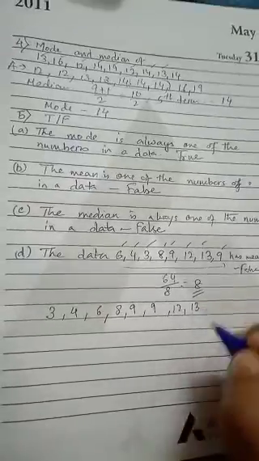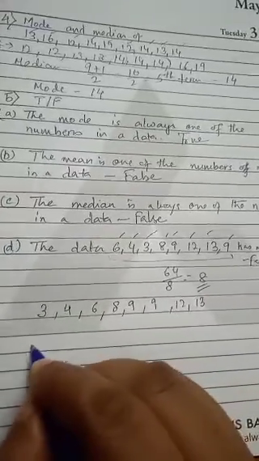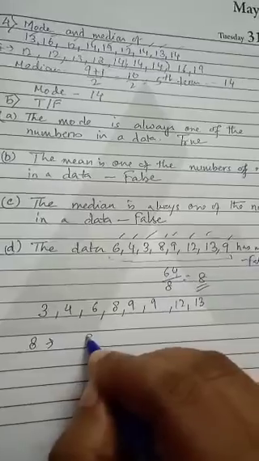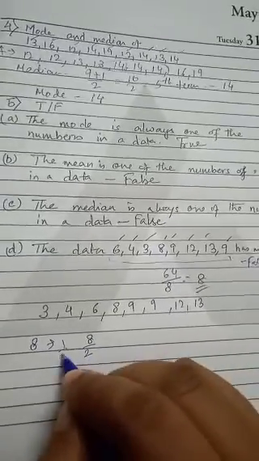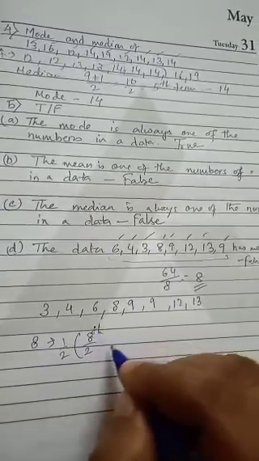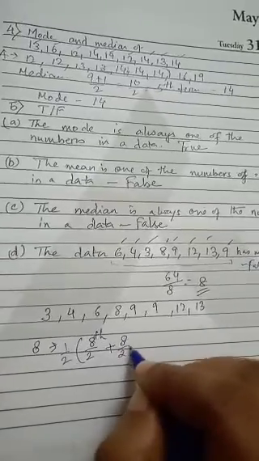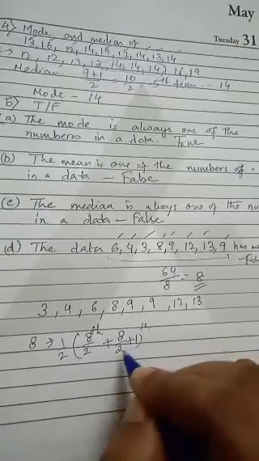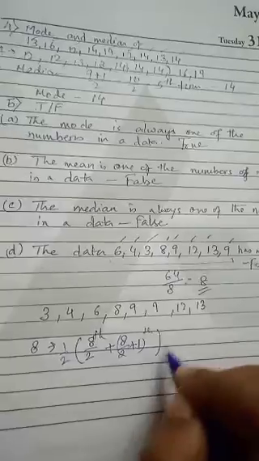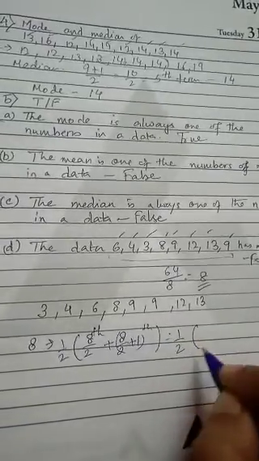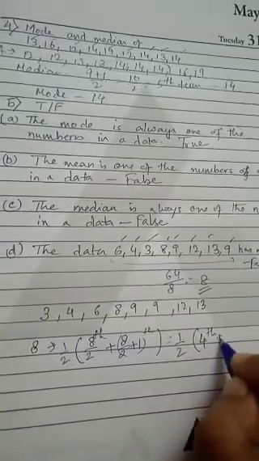So what is the median? There are 8 values. 8 is even. So what did I tell you? Half of the 8 by 2th term plus the 8 by 2 plus 1th term. Right? So what I am doing is half of the 4th plus the 5th term.